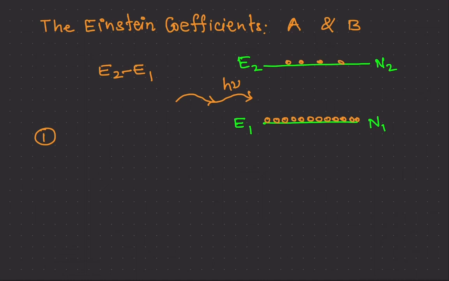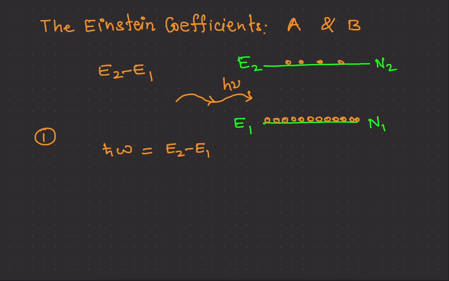The rate at which absorption takes place from level N1 to level N2 will be proportional to the number of atoms present in the level E1 and also to the energy density of radiation, that is, ħω equal to E2 minus E1.